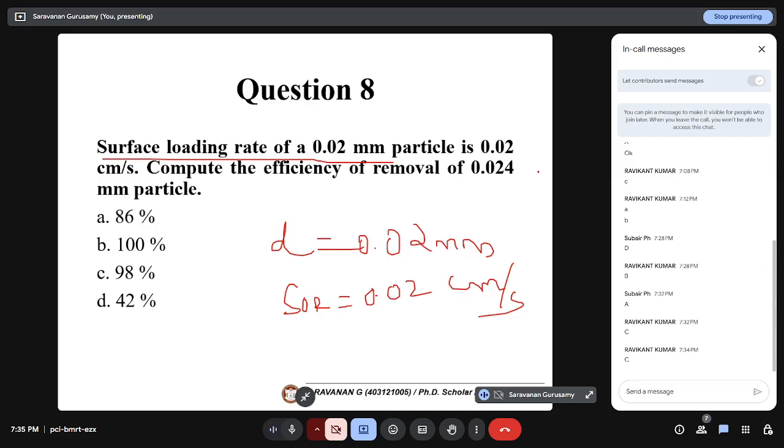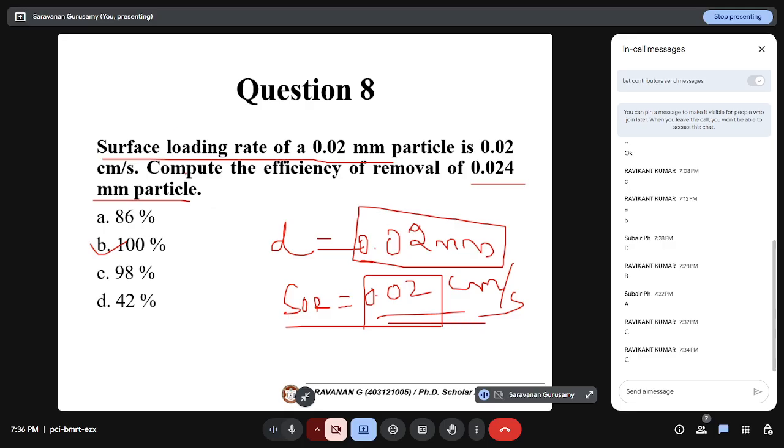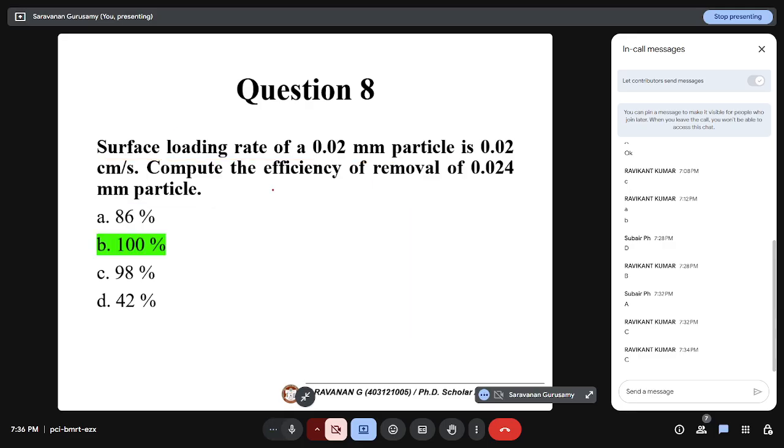Then compute the efficiency of removal of the particle. The 0.02 size particle itself has a surface loading rate of 0.02 centimeter per second. Then particles larger than this will always have 100% removal efficiency, right? Because the particle size is greater than the given particle size. The efficiency of that particle removal will always be higher, 100% only.